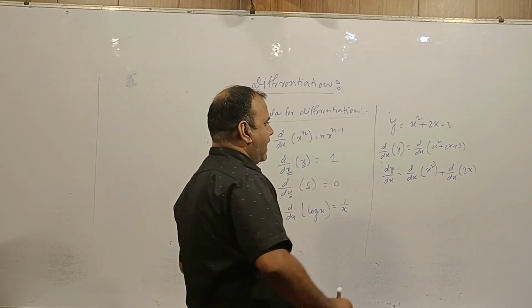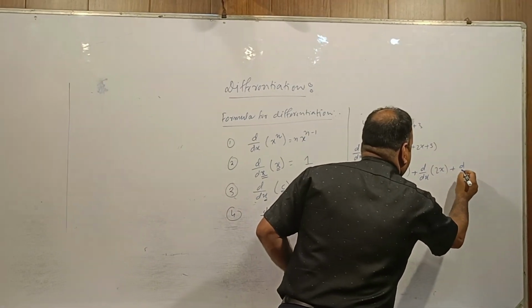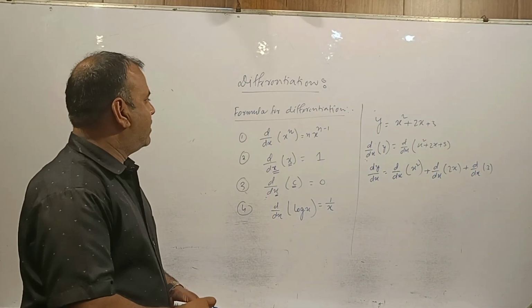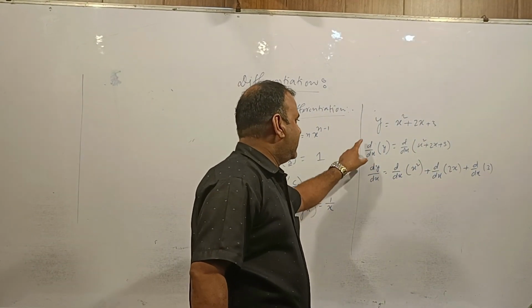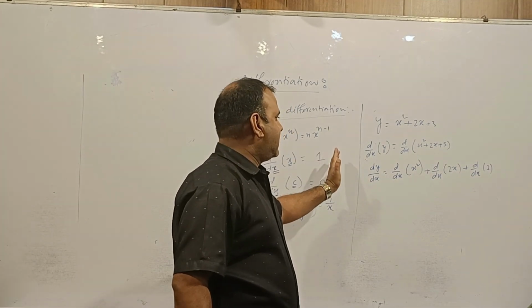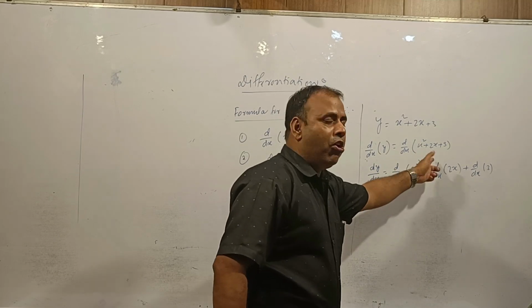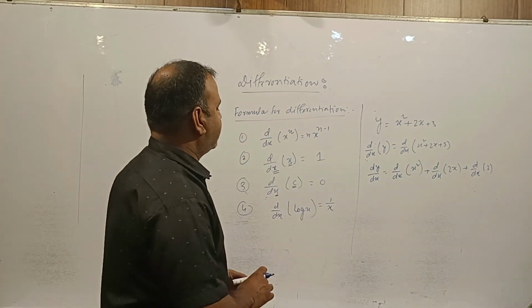Again when I take 3, it will be d dx of 3. So initially I have taken d dx on both sides. After that, on the left side dy by dx, and on the right side I have multiplied d dx with all 3 terms like this.